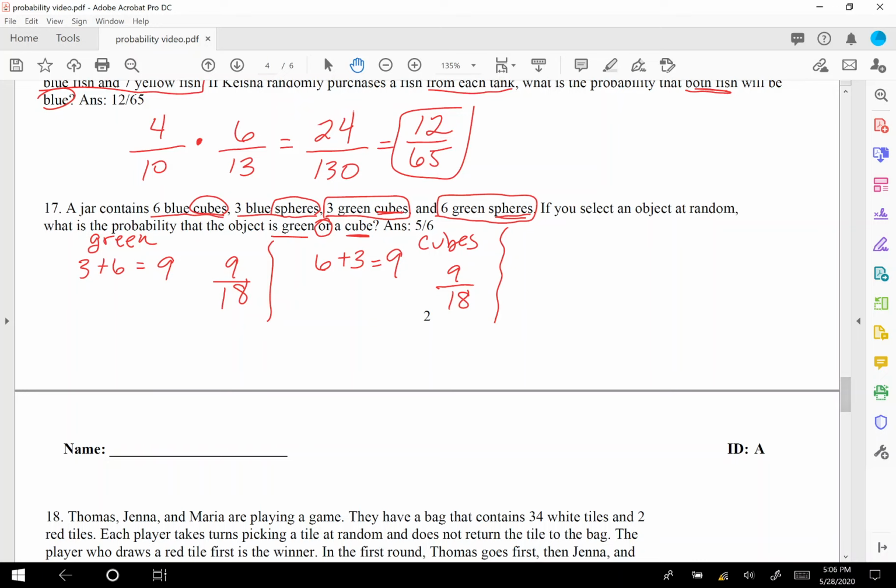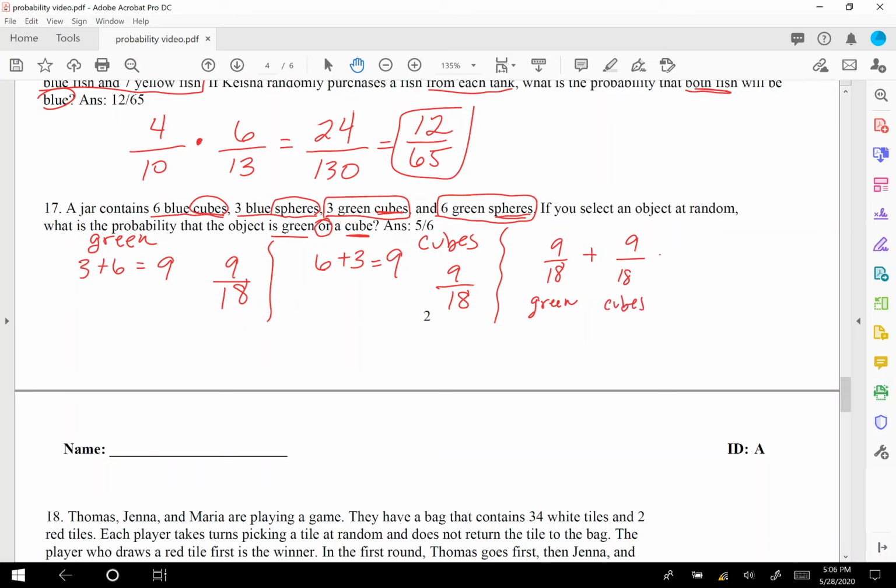In figuring out the green items and figuring out the cubes, we've actually double counted the green cubes, because the green cubes are counted over here in the green items, and they're also counted over here in the cubes. So we have to see here, okay, we have 9 out of 18 for green, plus 9 out of 18 for the cubes.